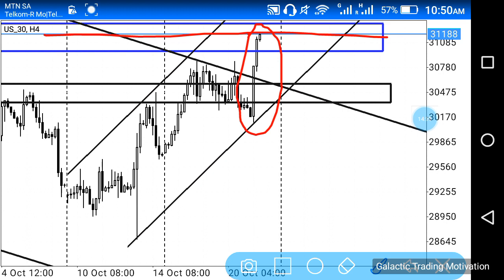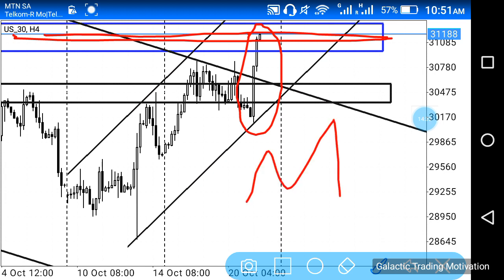But at this point in time as things stand, my bias is to look for a selling opportunity at that point, and that is because, as I said, on the daily chart we have that M structure as well as the neckline, or rather price retesting the neckline, and the neckline aligning with the 61.8% Fibonacci retracement level. So I need further confluence in this region before I sell. I need further reasons to be selling at this level.